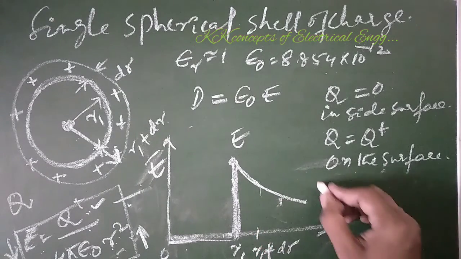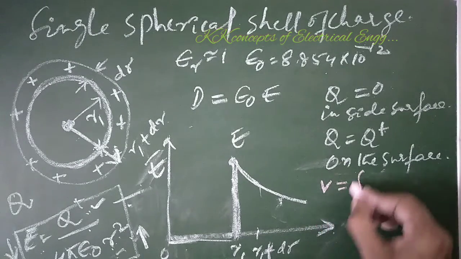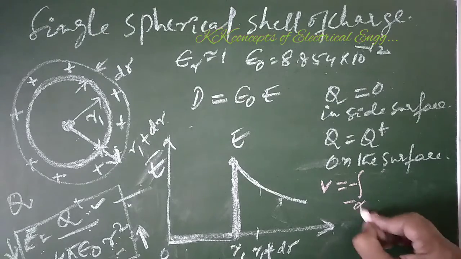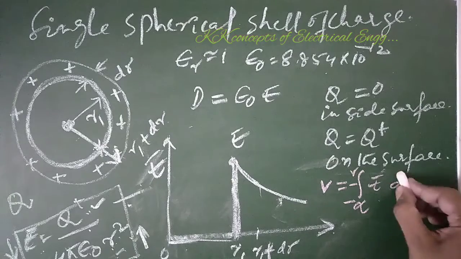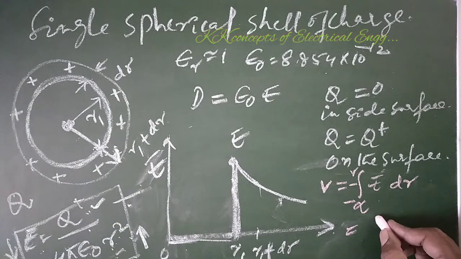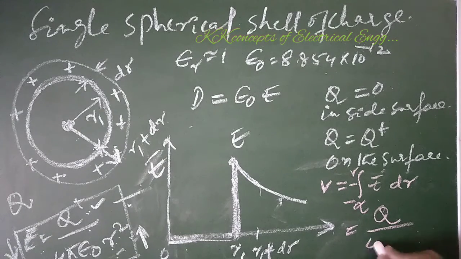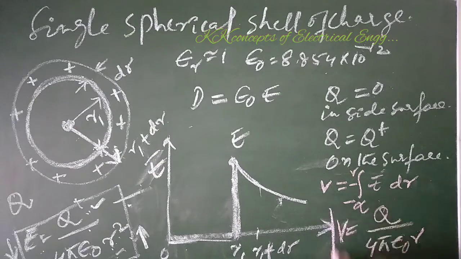We'll try to find out the value of V, that is voltage potential, that is given by negative integral from infinity to R of E dr. When you substitute the value of E and integrate this, you are going to get Q by 4 pi epsilon naught R. This is V. Consider inside the sphere.